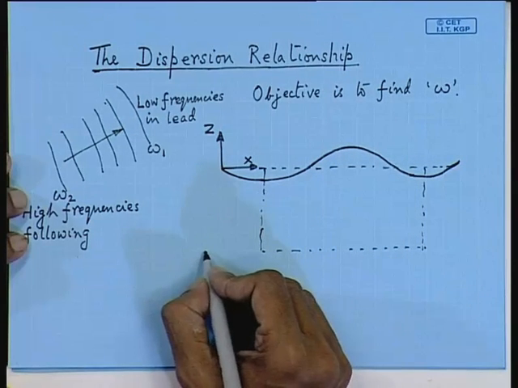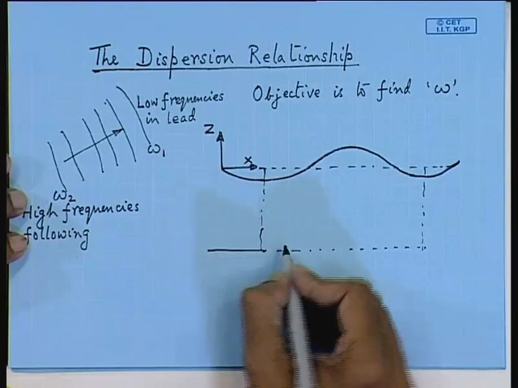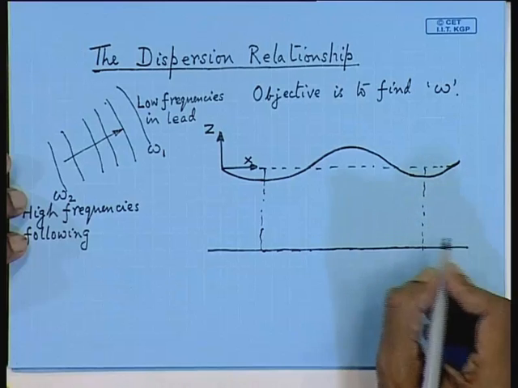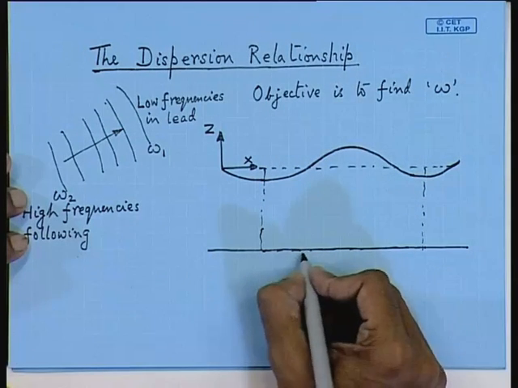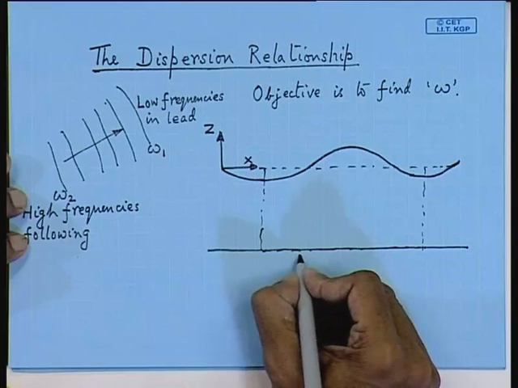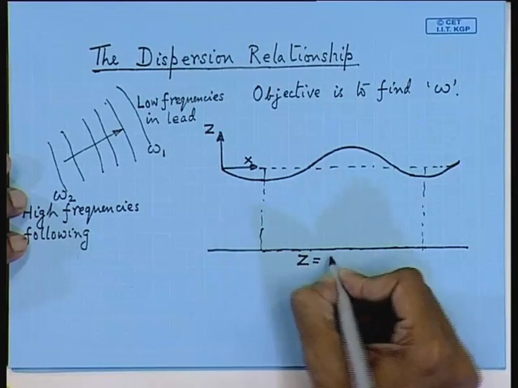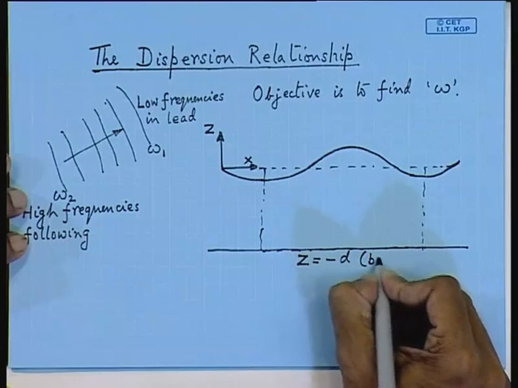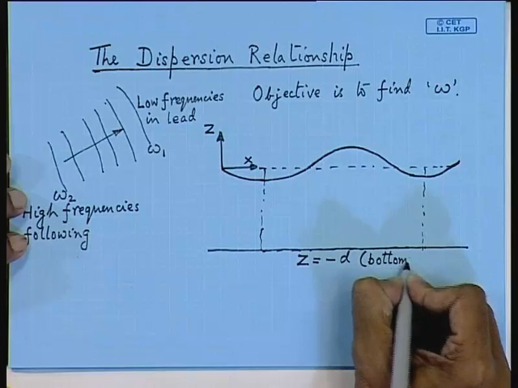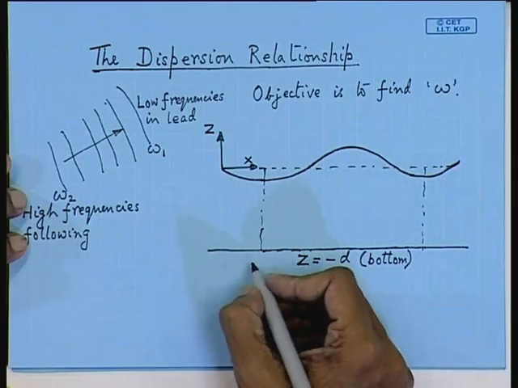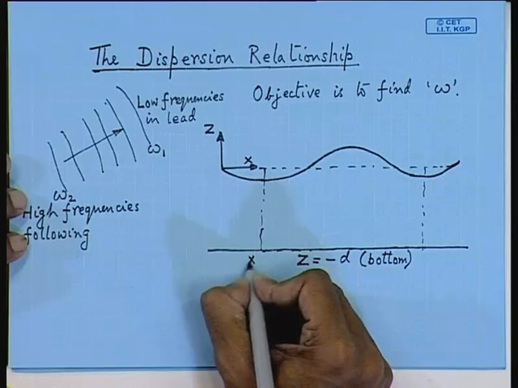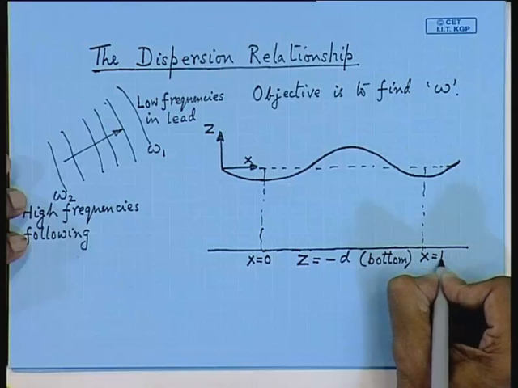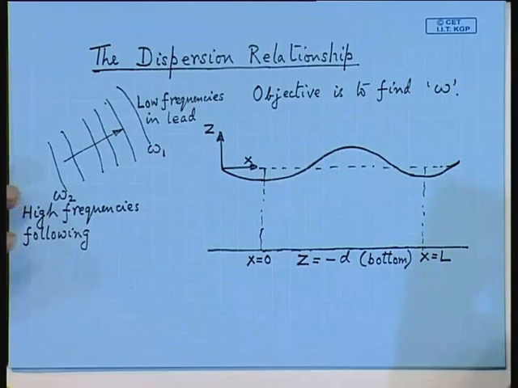Here, let us say that this is our sea bottom. The sea bottom is characterized by the boundary z equals minus d. So this is the bottom boundary condition, and since you are taking one wavelength, this is at the position x equal to 0, and this is the position x equal to one wavelength L, x equal to L.